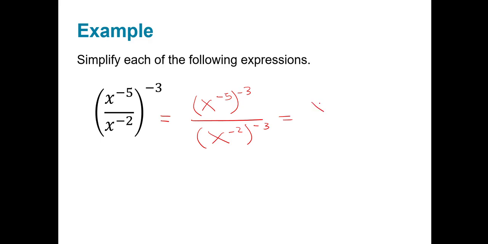When I multiply, that's going to give me x to the 15 positive over x to the 6 positive. And then this is the quotient rule. I have 15 x's at the top. I take away 6. I am left with 9 x's.